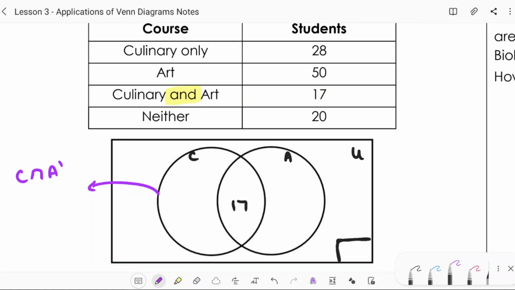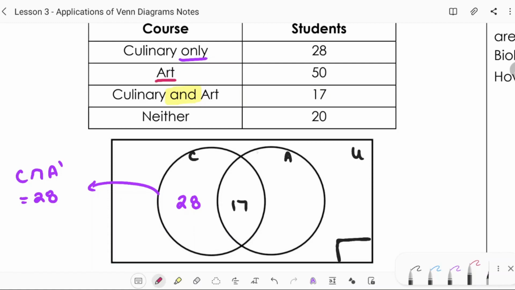So in this case, I need to be sure I'm thinking about the language they're using in the question. Culinary only is telling me the strictly culinary portion. I don't need to subtract 17 from this because it's not saying culinary in general. It is saying culinary only. Art, on the other hand, doesn't say art only.